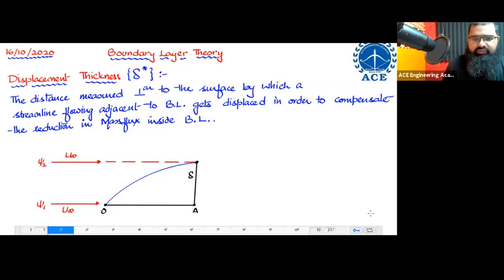Delta over here stands for what? It stands for boundary layer thickness, is it not? Fine. If this distance is delta, that means this distance also is supposed to be delta, and this distance is also equal to delta.